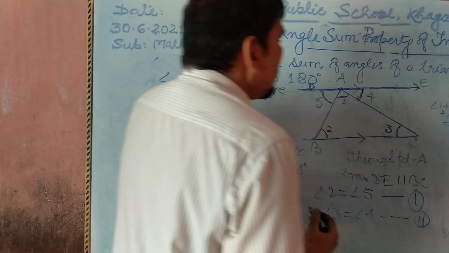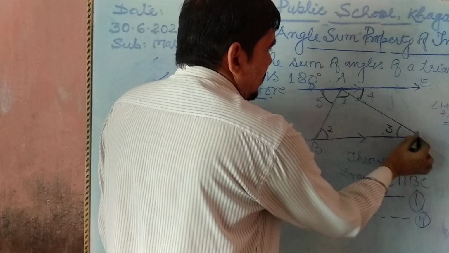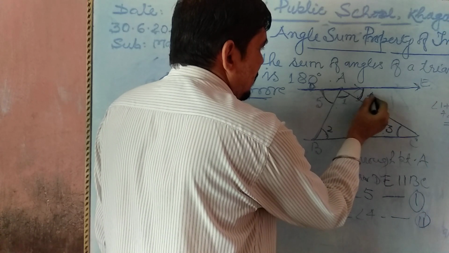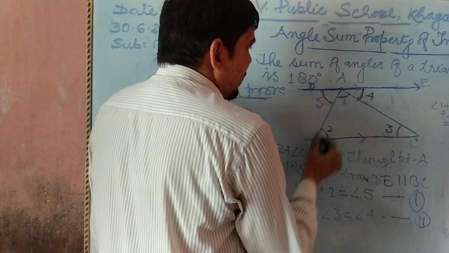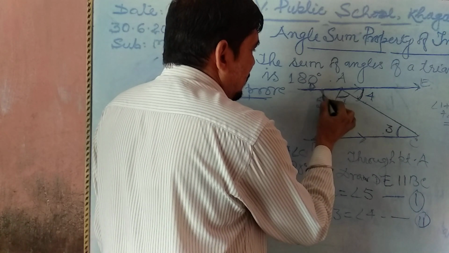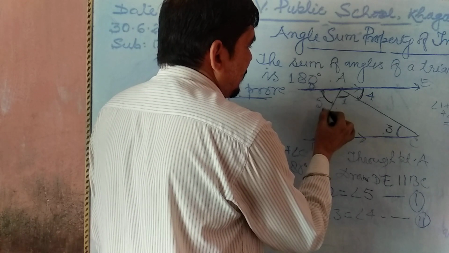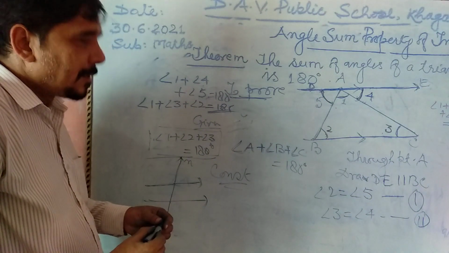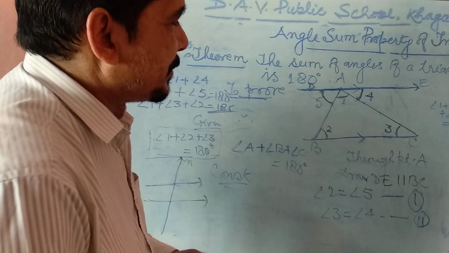Okay. Now here you can take angle CAE as 4 and angle BAD as 5. Okay. Now after that you have to apply transversal axioms.